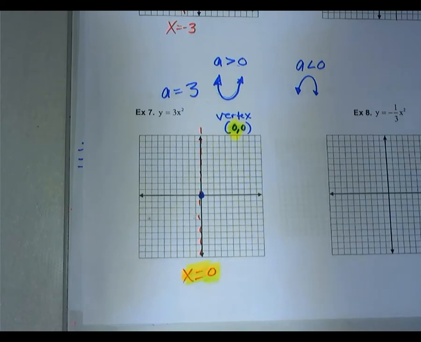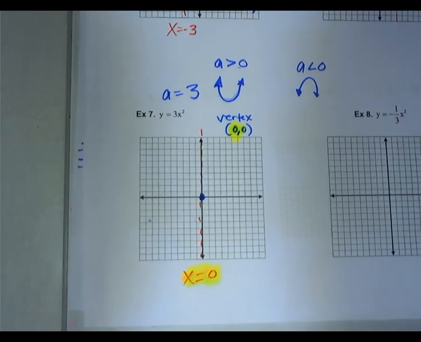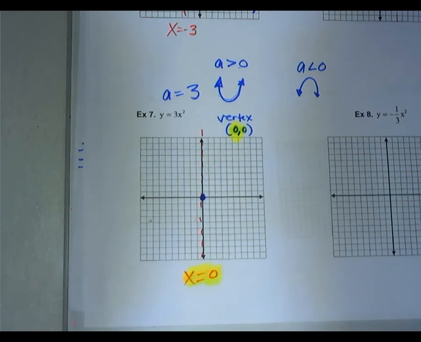All right. Well, this is where, if you need to, you can make a table or understand what the a value does. We showed you on the sliders before. If the a value is bigger than 1, what's happening to my graph? It's getting stretched vertically, right? It's getting really, really thin, getting compressed. So what's happening is this graph is now growing and growing and growing.